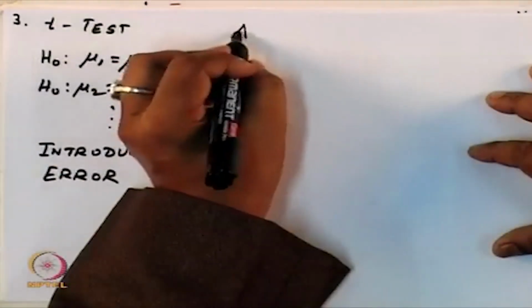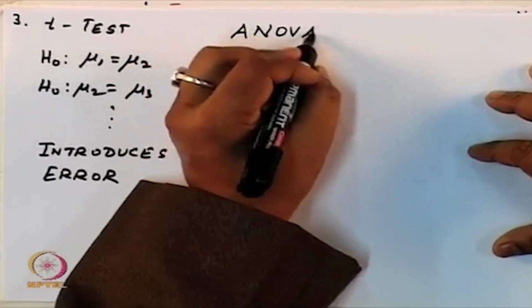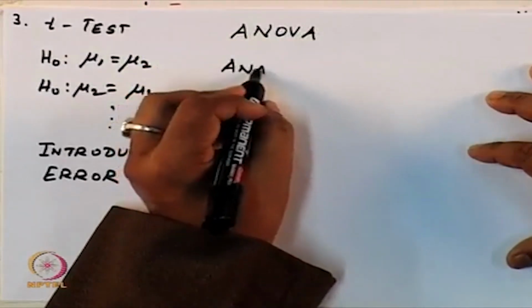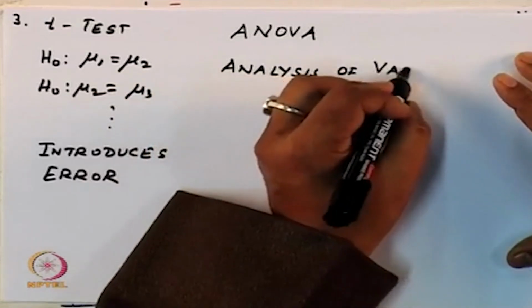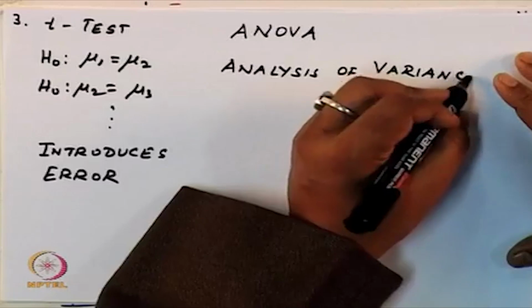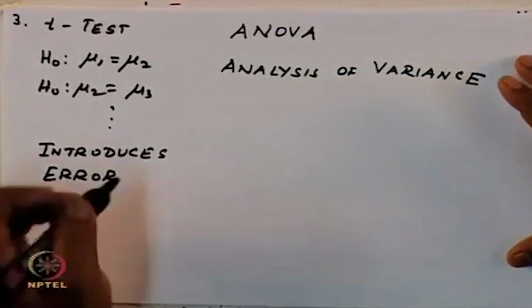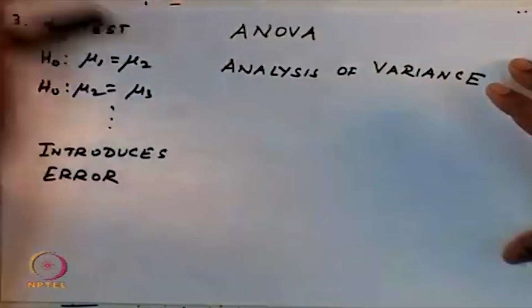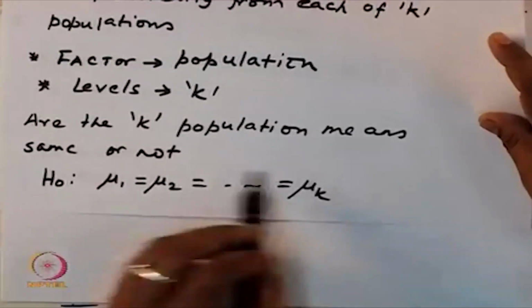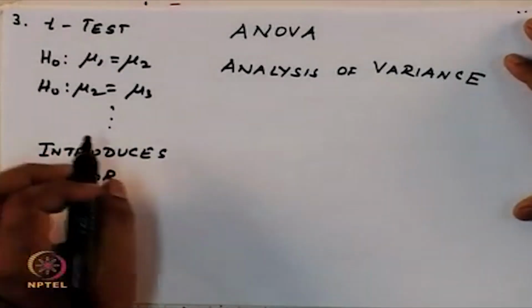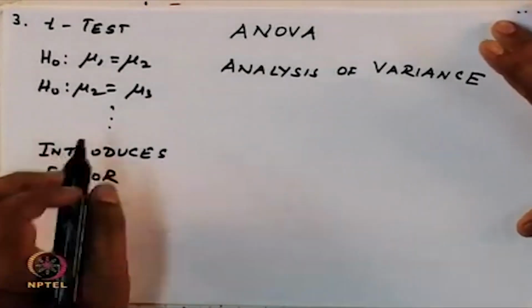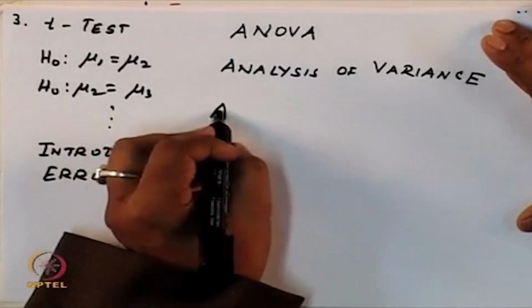So, ANOVA, short for analysis of variance, allows you to answer this question, are the k population means the same or not, in a single test. So, what do you exactly do in ANOVA, and what are the assumptions?